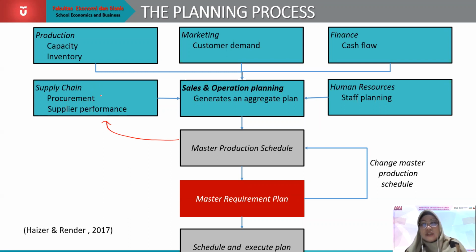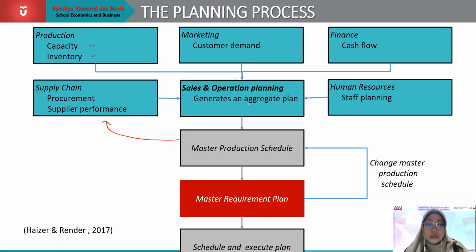Usually in one company, there is one division in charge of supply chain or procurement. And also you need information about the capacity, and how is your inventory, so you will not produce in excess of demand. And then you also need to ask marketing how the customer demand is. If you know this information, it will help you make a better master production scheduling.